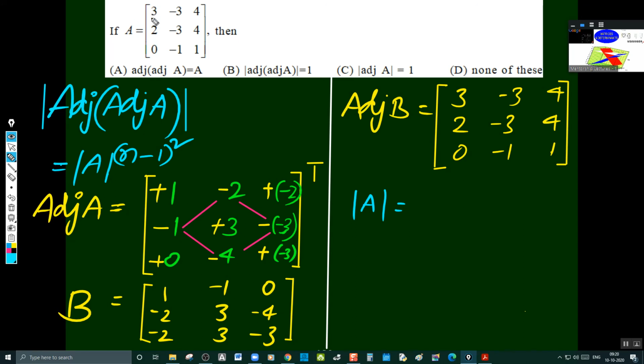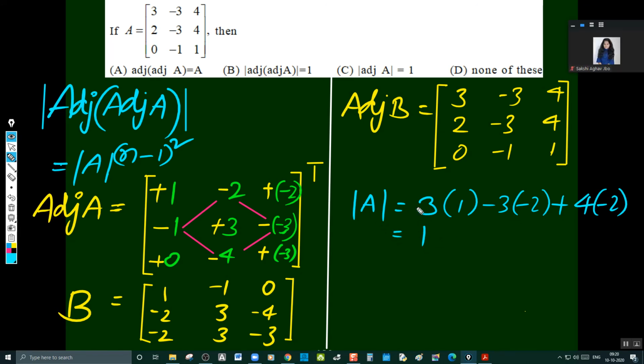So you can multiply 3 into 1, minus 3 into minus 2, plus 4 into minus 2. What should it be? 9 minus 8, 1. That is 1. So you got adjoint of adjoint A, the same matrix, no? The same matrix you got. It is here. So the first option is correct.